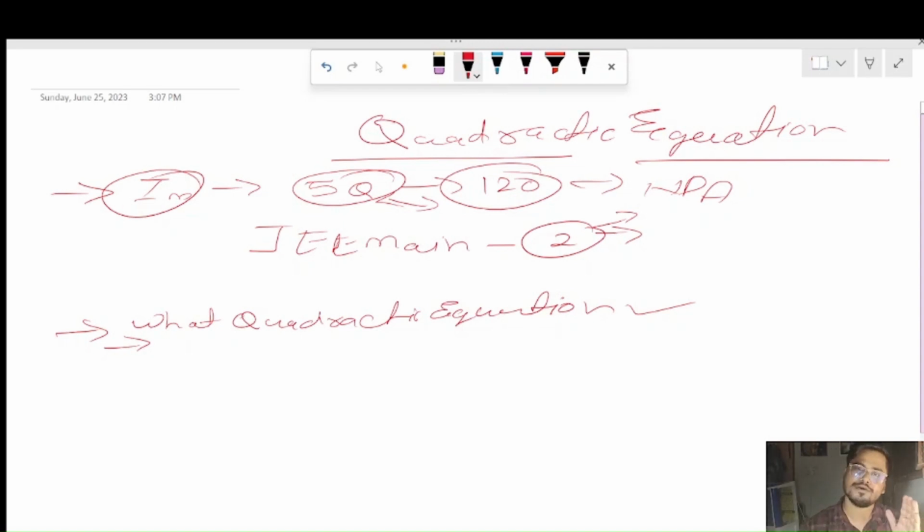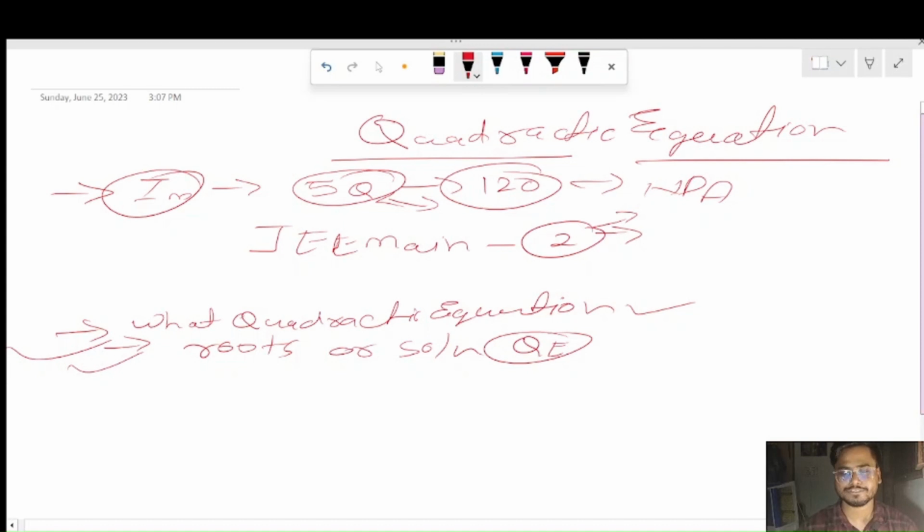If your basics are clear about any topic, you will be able to solve any kind of question, whatever it is. And second, we will learn roots or solutions of quadratic equations. So these two topics we will learn in this lecture.